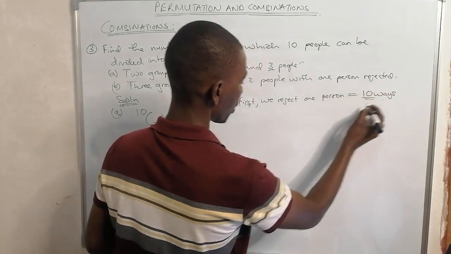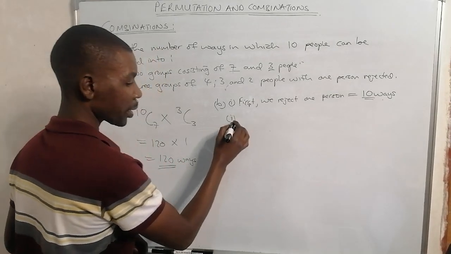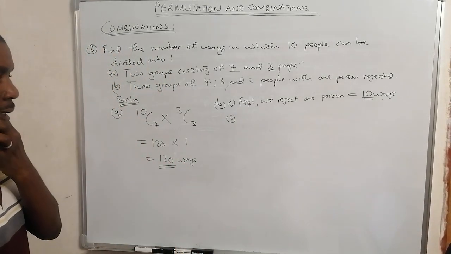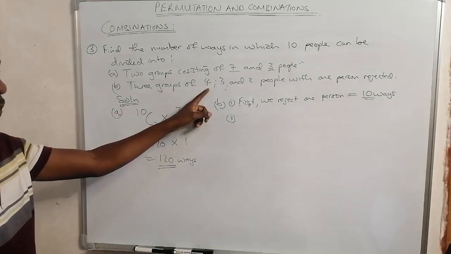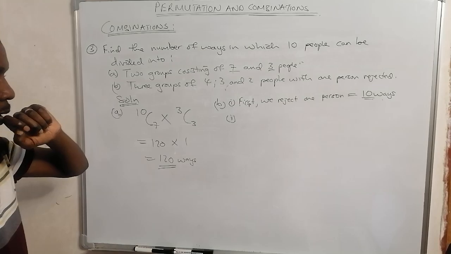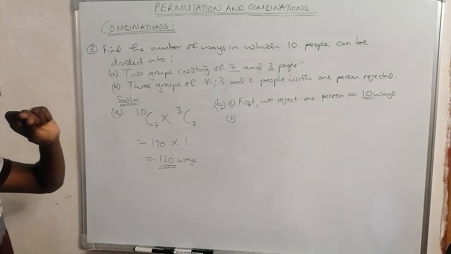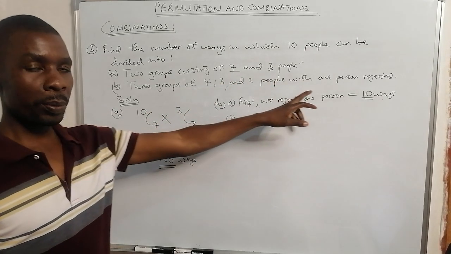Then the second part, we now want to select 4. We want to make a group of 4 from the remaining 9 after we reject 1 person.